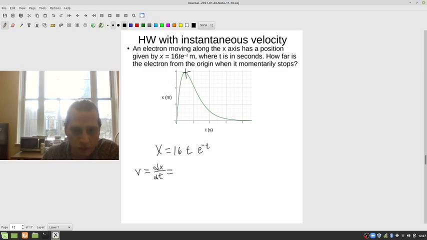So you take the derivative of this times that, plus the derivative of that times this. So the derivative of 16t is just 16 e to the minus t, plus 16t, and the derivative of e to the minus t is minus e to the minus t.